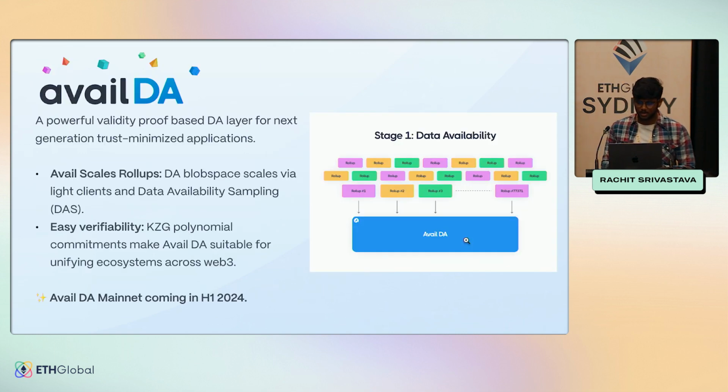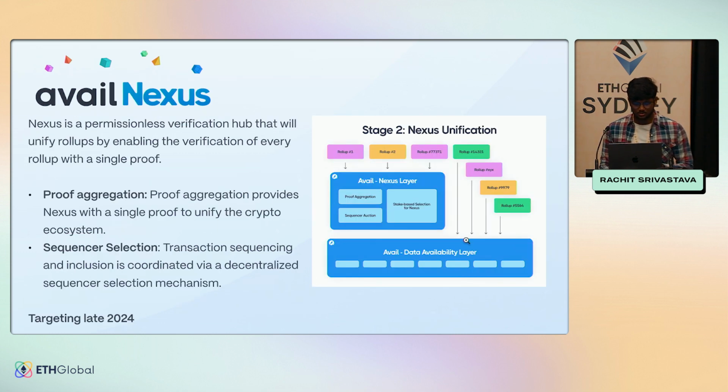Now I'm primarily going to focus on Avail DA, which is a data blob space where you can store all of your data, and it is easily verifiable using KZG polynomial commitments. We also have Avail Nexus, as I previously mentioned, where we create a single proof for all of the data involved across all of the blockchains, which can be verified on another chain.